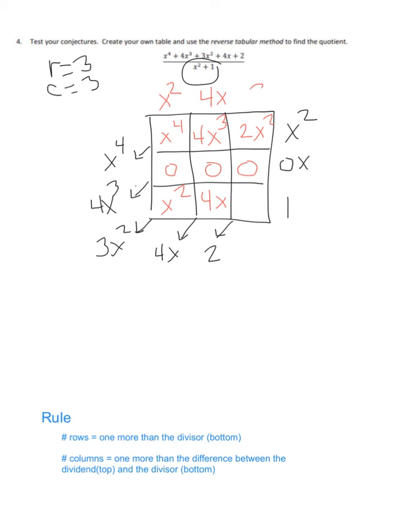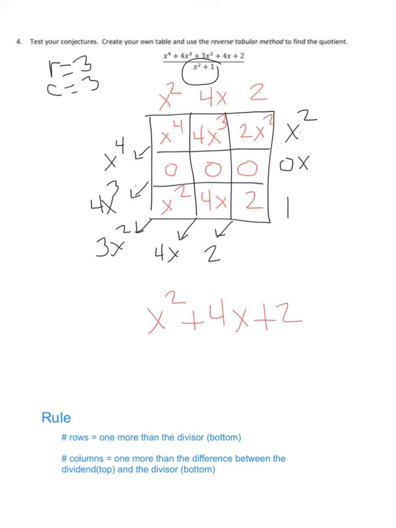We already said the answer was a 2 here. So 2 times x squared gives me 2x squared, and 2 times 1 gives me 2 that goes right here, and the 2, of course, comes out. So now we figured out our puzzle. So our answer to this whole thing, the solution comes up as x squared plus 4x plus 2.